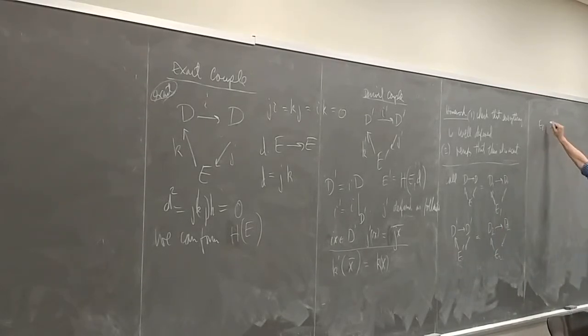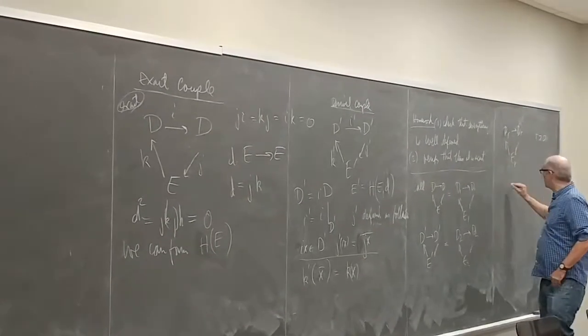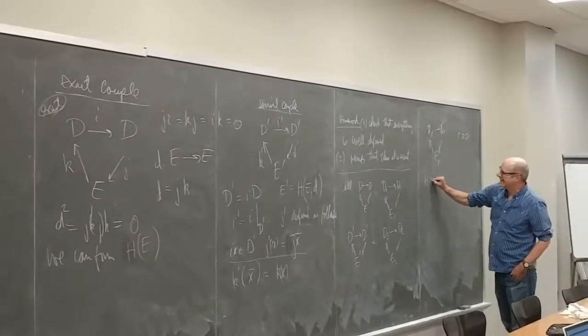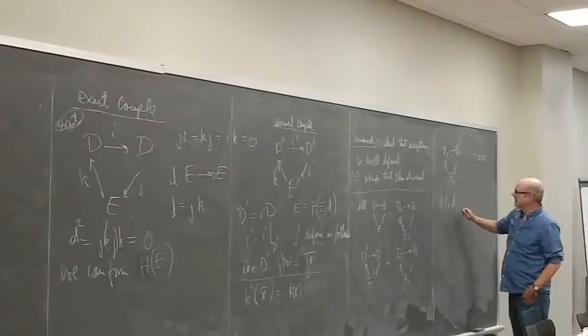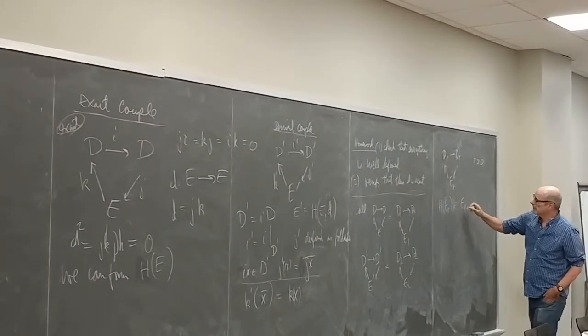So we get ER and DR. So we get a sequence of exact couples, each one derived from the previous one. So by definition, the homology of ER with respect to its differential is ER plus 1.